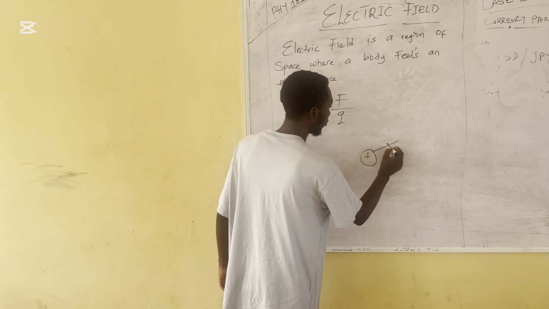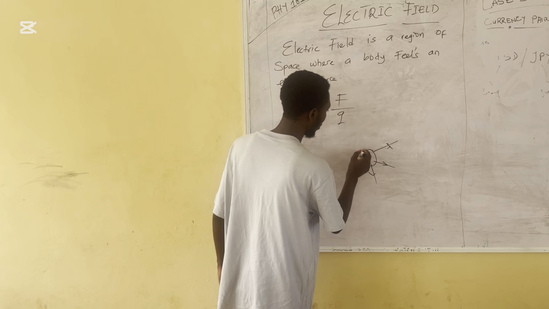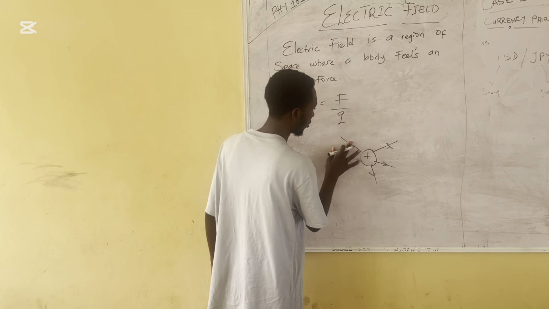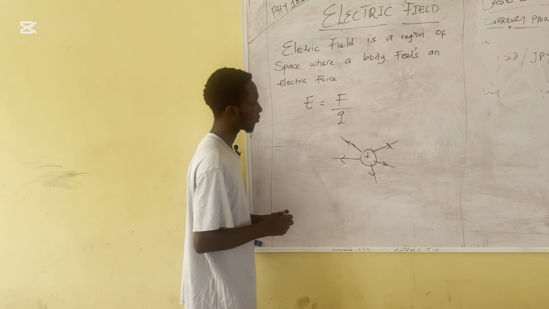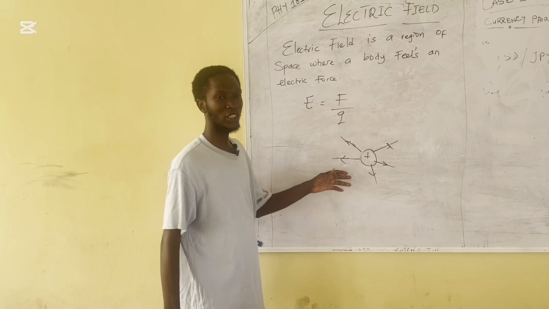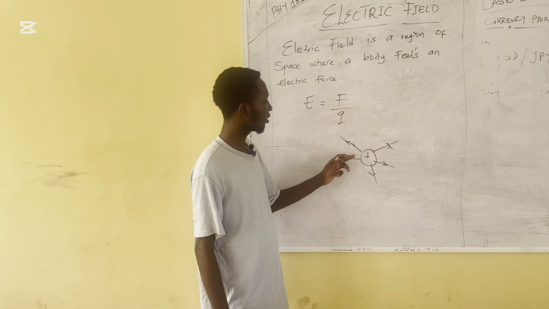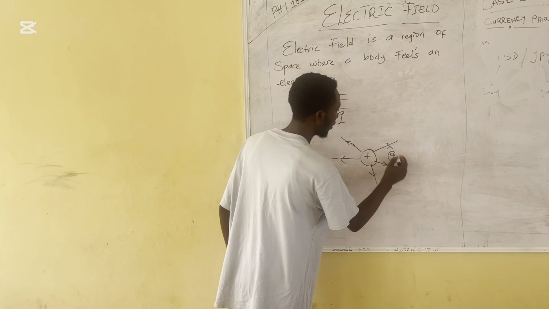Positive charge, moving outward, outward, outward. For this positive charge, this is the line of force, and let me just put Q. This is a body.